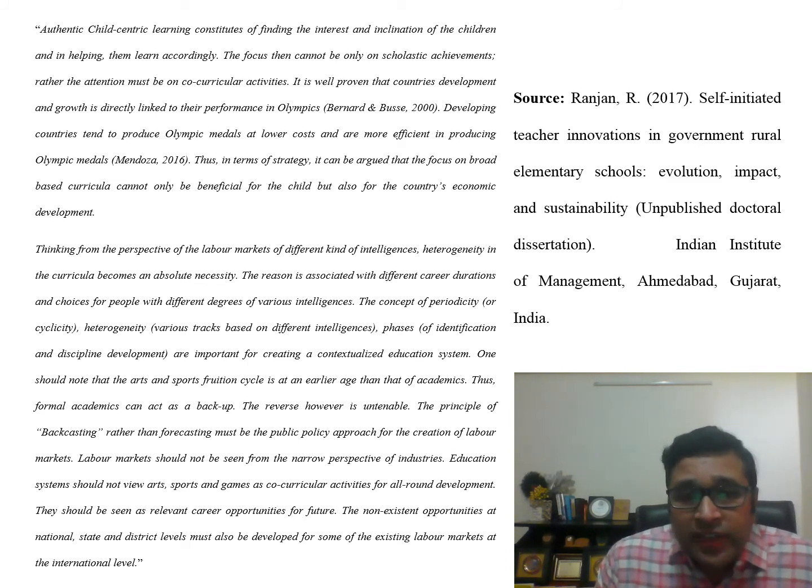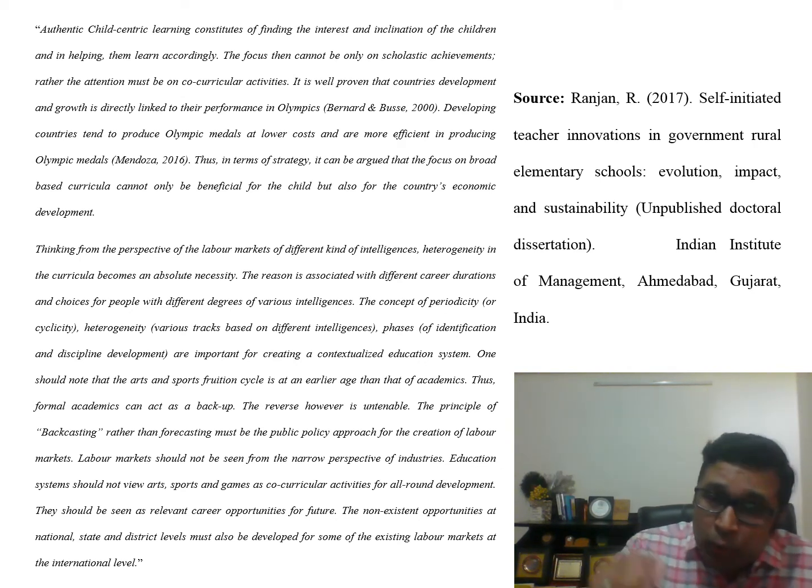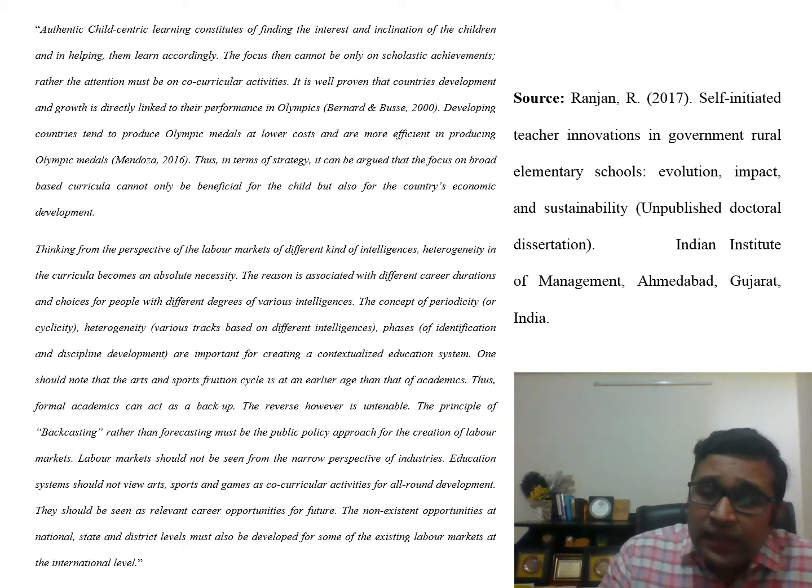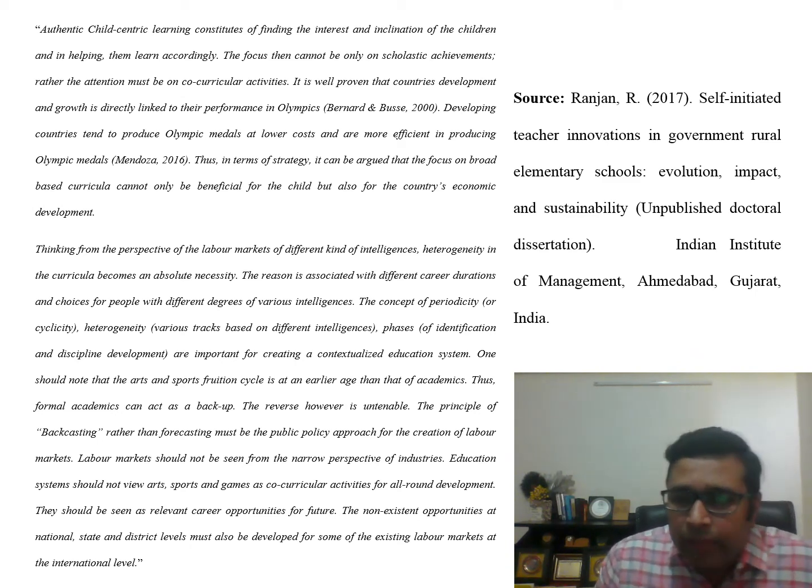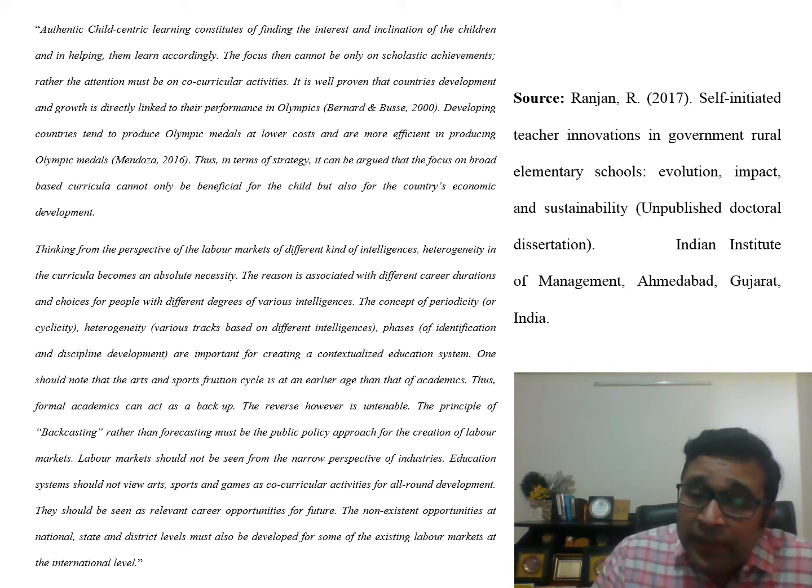The non-existent opportunities at national, state and district level must also be developed for some of the existing labor markets at the international level. These support structures at various levels, for which there is a labor market at the international level, are the way forward to design the economic system in congruence with the diversification of the education system. That is the way forward.